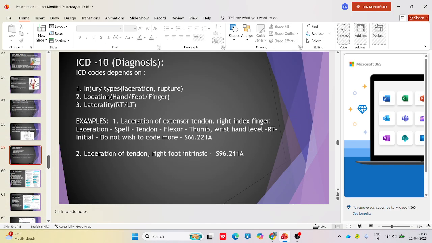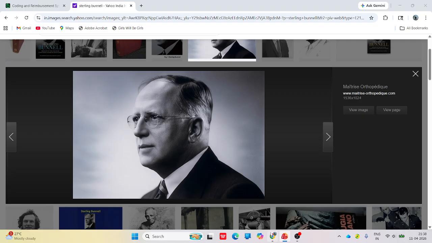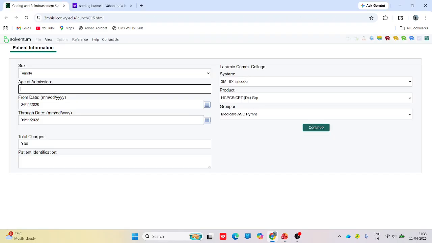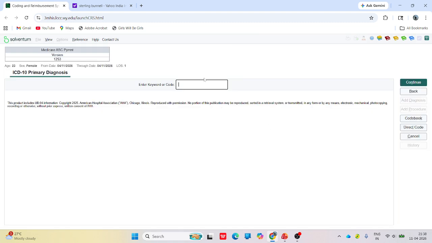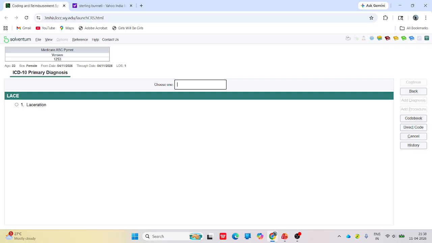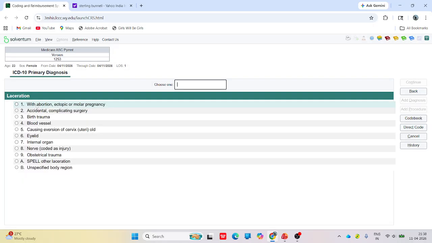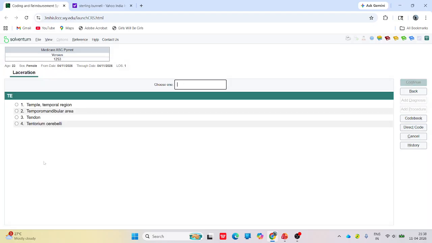Sorry, the age of the patient. So it's a laceration. Laceration, then we spell the tendon.